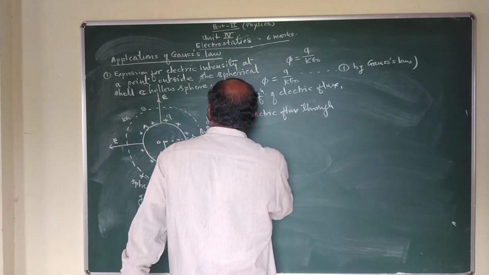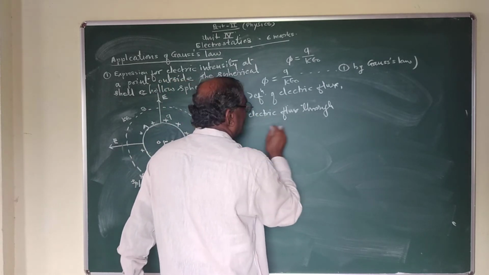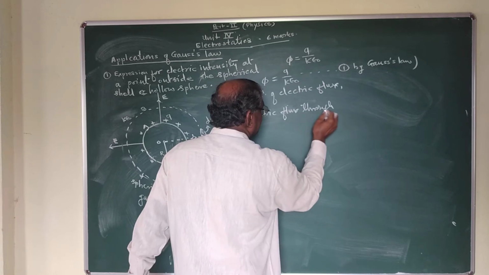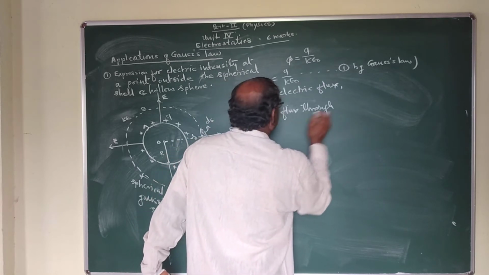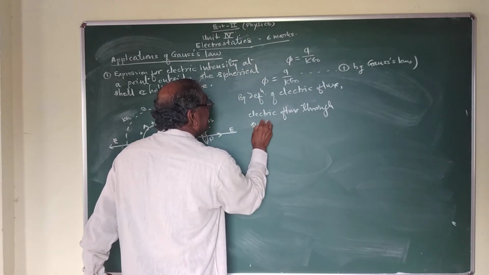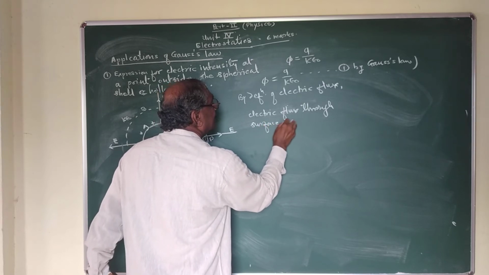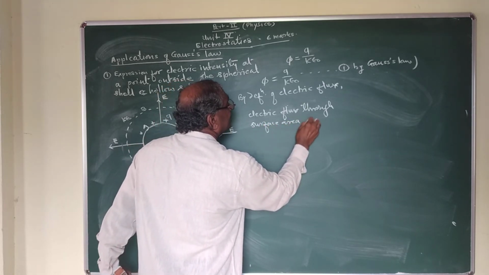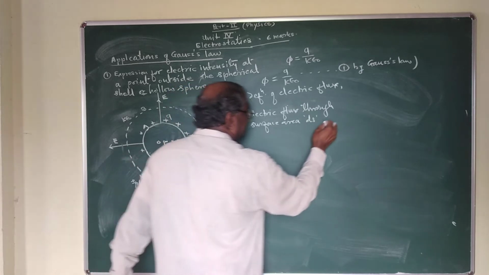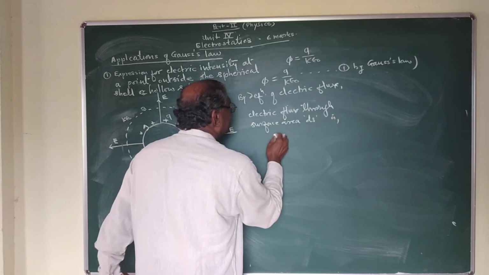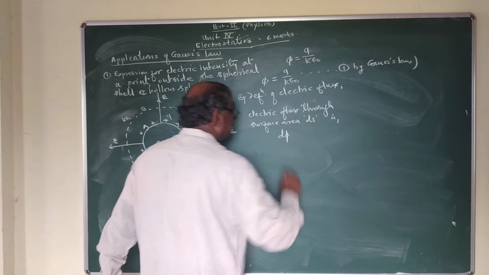the electric flux through one of the elements of this spherical Gaussian surface, with surface area ds, suppose it is d phi.